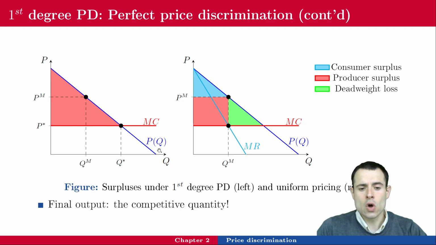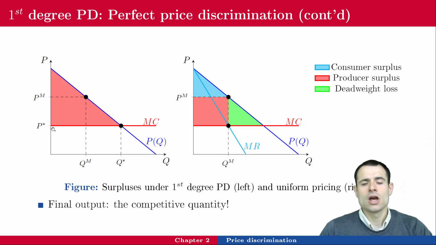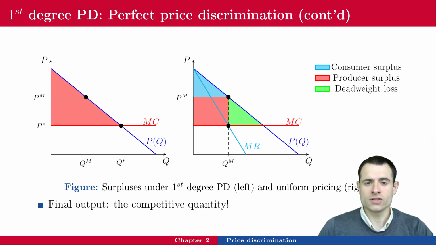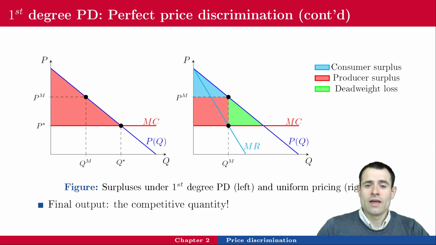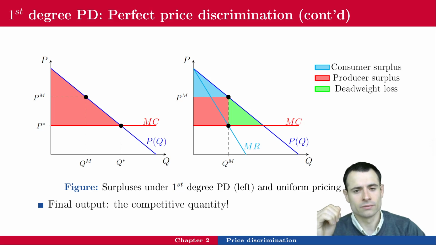If the firm knows the demand function of the consumer, then the firm can charge a fixed fee on top of the per unit price, so that the fixed fee is equal to that big red triangle. At the end of the day, consumers are left with no surplus, and the firm was able to extract all of the surplus. There is no deadweight loss here, so the outcome is Pareto efficient, but consumers get nothing.